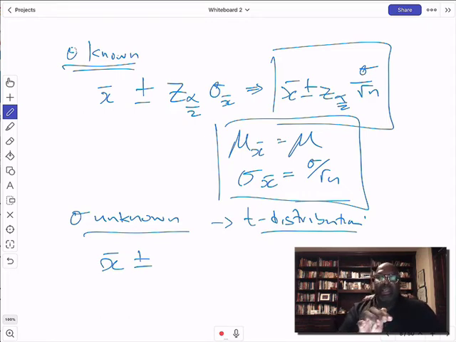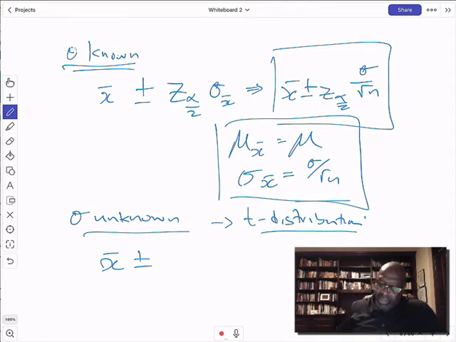So rather than just a single distribution, which is the standard normal that we use when sigma is known, we now have to compensate for the fact that we don't know sigma, and instead of using a single value, we will use a distribution that also is symmetrical, but we have a family, and we would use a different one depending on the sample size.